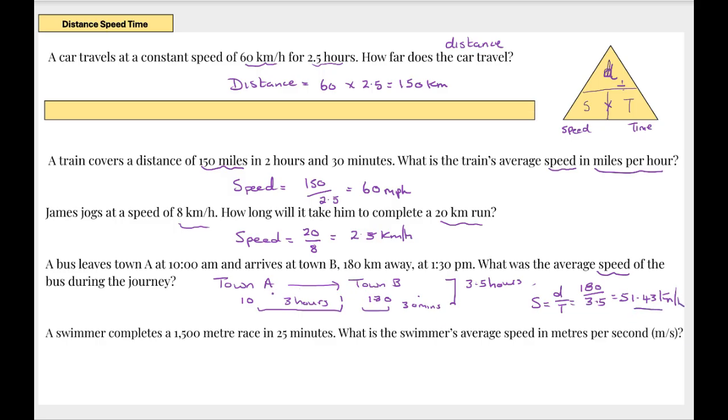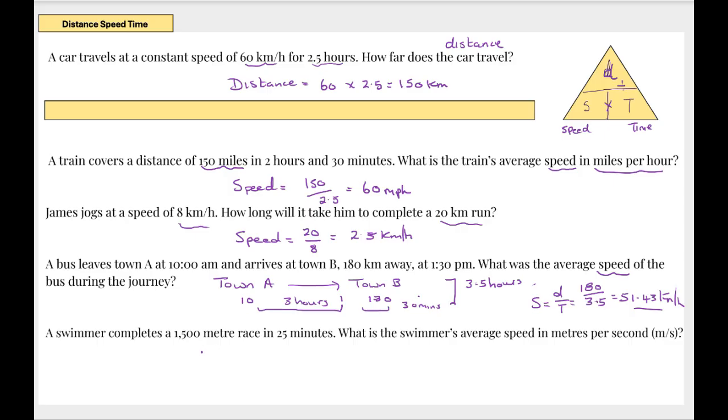Okay? So this one's just got a little bit more to it, but don't panic. The first step you need to do is work out the time. That's key. And then once you've got it converted, you can plug it into your formula. A swimmer completes a 1,500 metre race in 25 minutes. What is the swimmer's average speed in metres per second?